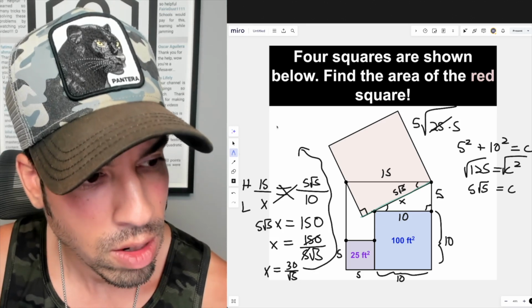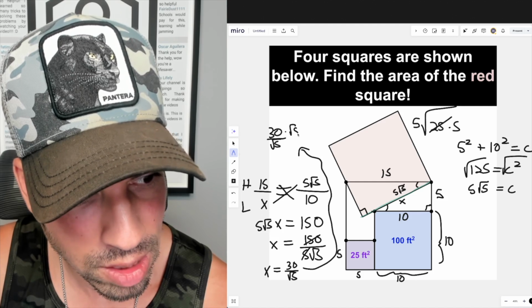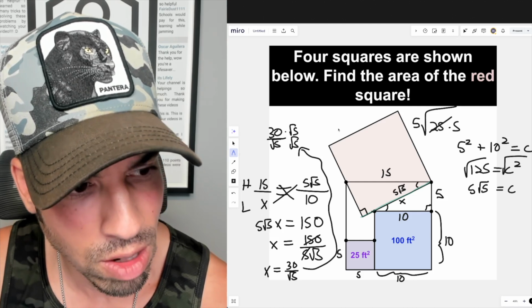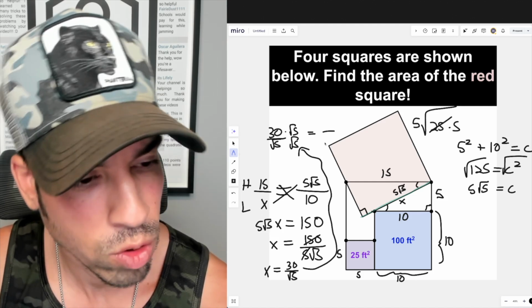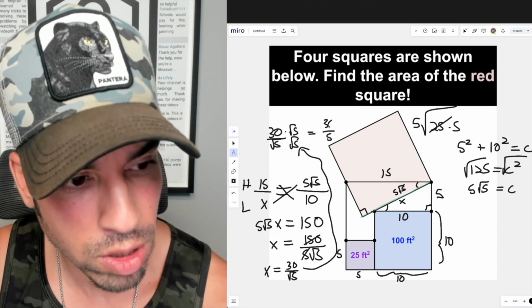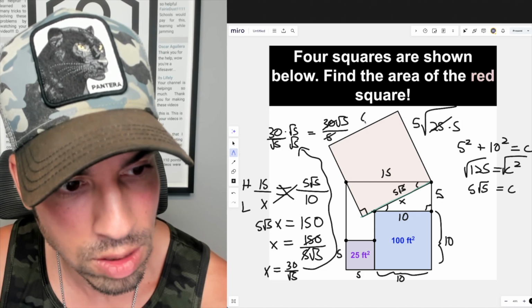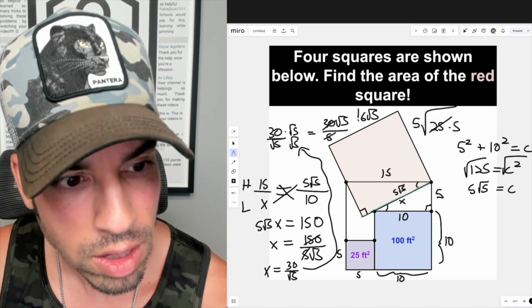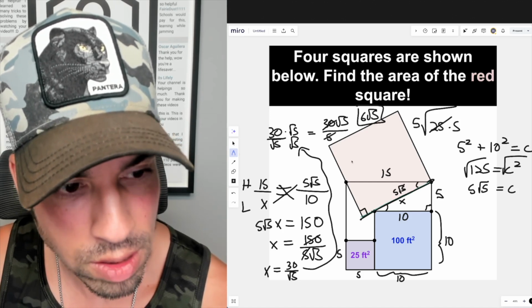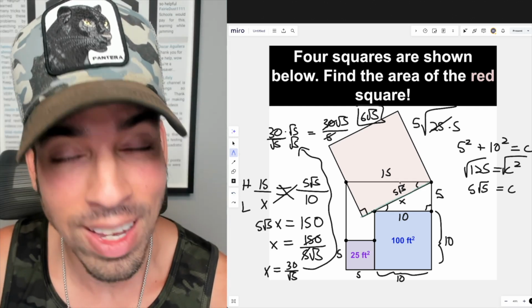To do that, we multiply the numerator and the denominator by that same radical, rad 5. Rad 5 times itself is just 5, because it's really the square root of 25, which is of course 5. And on the top we get 30 rad 5. 30 over 5 reduces to 6. So now we're left with 6 rad 5 for this side length. Now we just have to take that and square it.